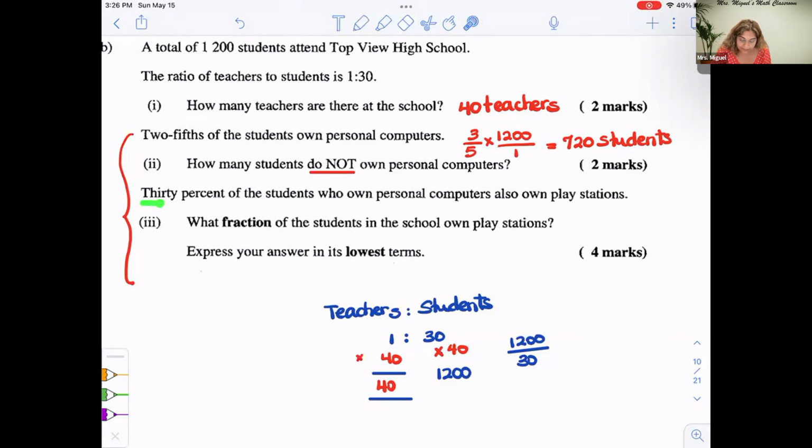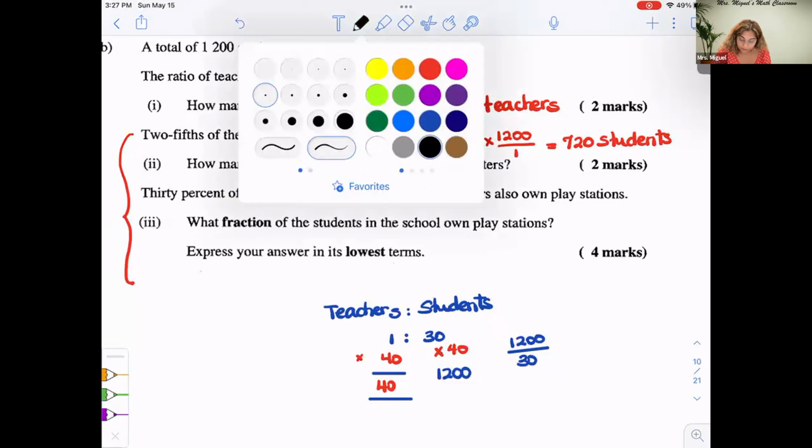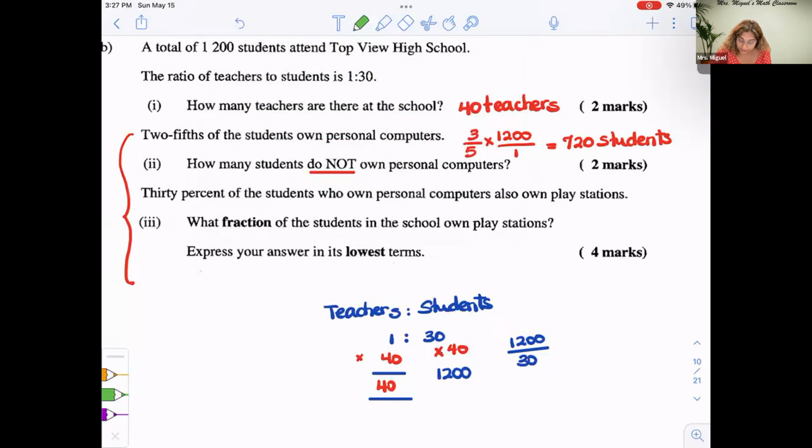Let's look at this. 30% of the students who own personal computers also own PlayStations. 30% of, so "of" means to multiply. So 30% of what?